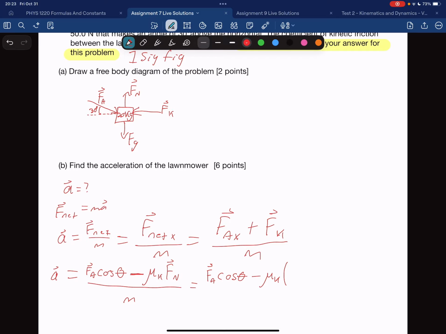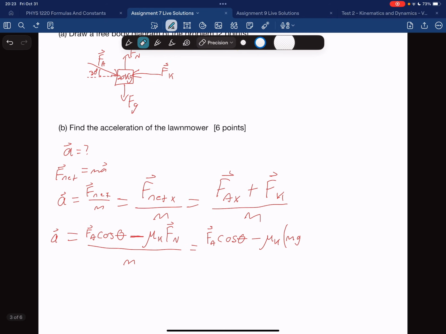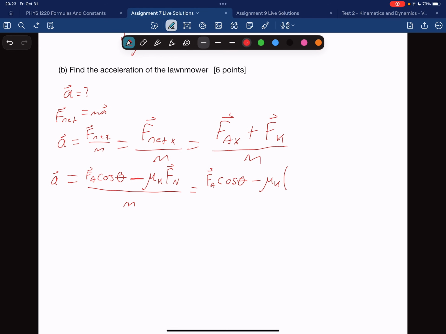So in this bracket here, I need both of those forces. So first, I'll do force of gravity. So mg. I'll just write the force of gravity for now. Force of gravity plus FAY. Again, I'll divide by mass.